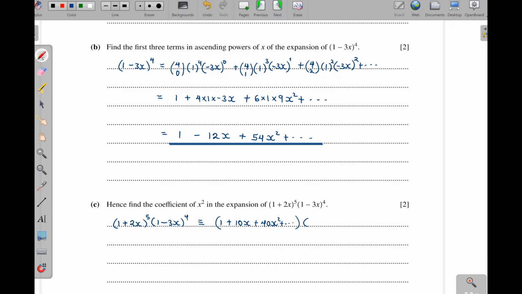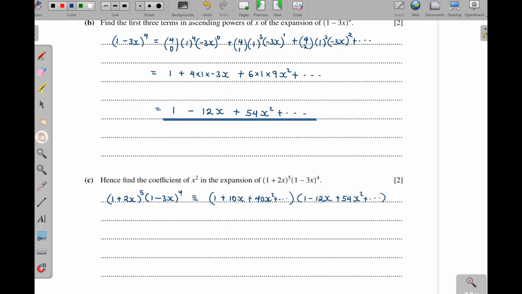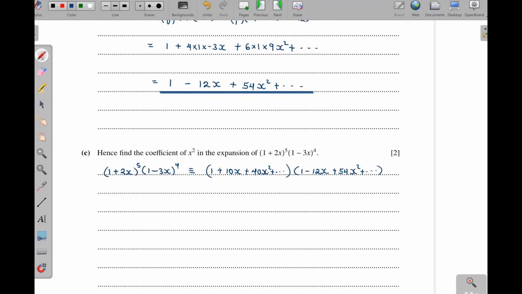Then this other one is 1 minus 12x, then plus 54x squared, like that. Now, we are not going to expand each and everything here, because whatever is in the first bracket is supposed to multiply with whatever is in the second bracket.